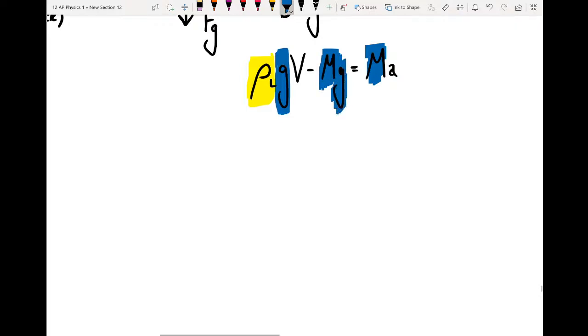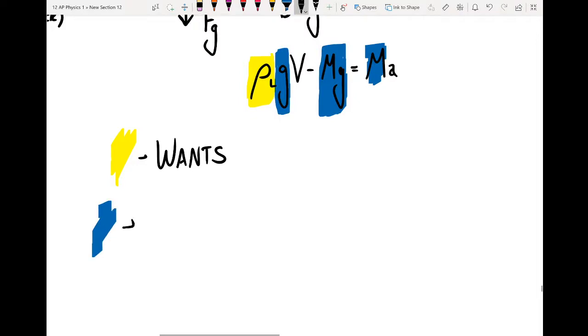So I'm setting up this weird key. Yellow is what I want. This is my wants. The blue is my haves, my givens.